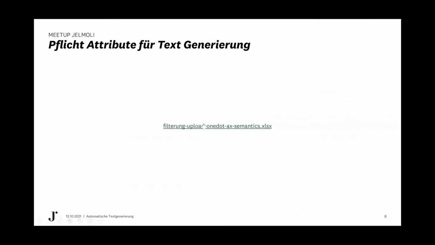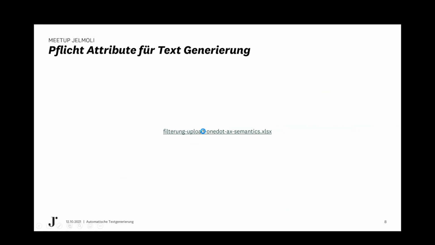In addition to that, we defined mandatory attributes. Those are the attributes that have to be filled in by us so the text could be generated. So for every department like fashion, beauty, sports, and all the other departments, we have defined the dynamic attributes that are mandatory.